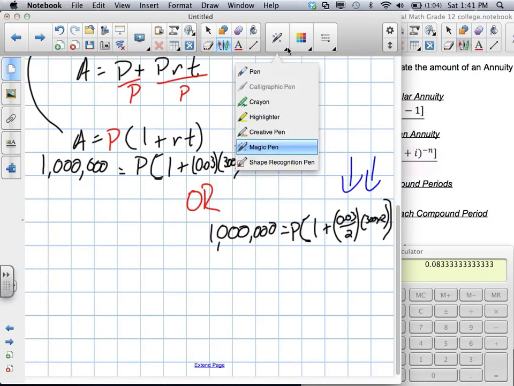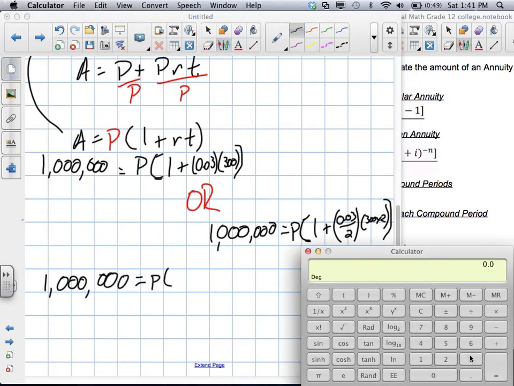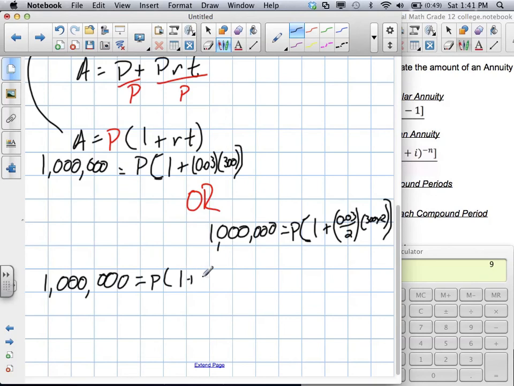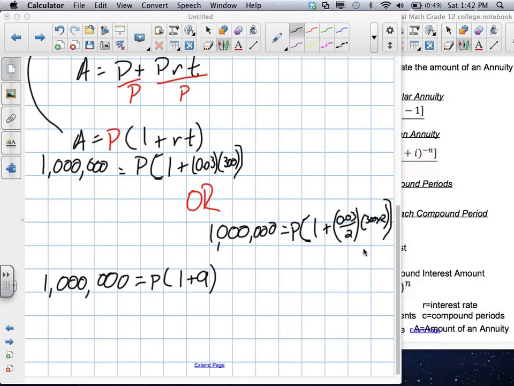So let's continue with what we got here. $1 million is equal to P, 0.03 times 300 is 9. That's nice. So that's 1 plus the number 9. And in the other one, 0.03 divided by 2 is 0.015, times 600. It's 9 again. We got the exact same thing, so I'm not going to write it again. But just get used to that as a possible idea.